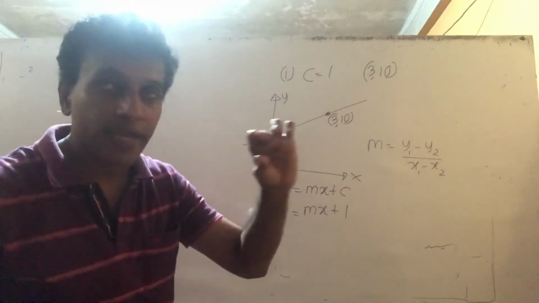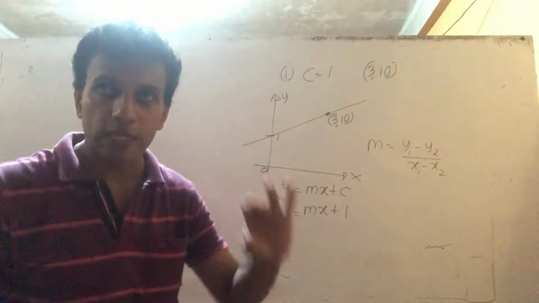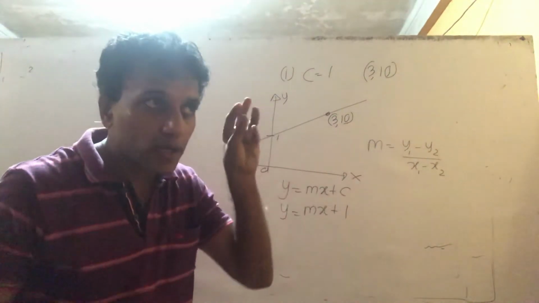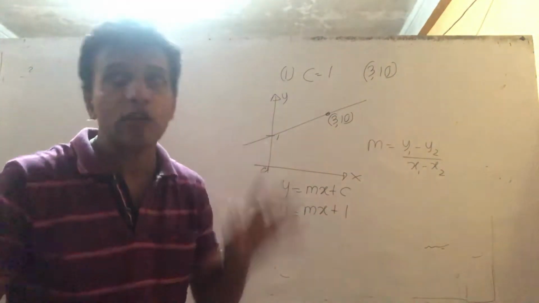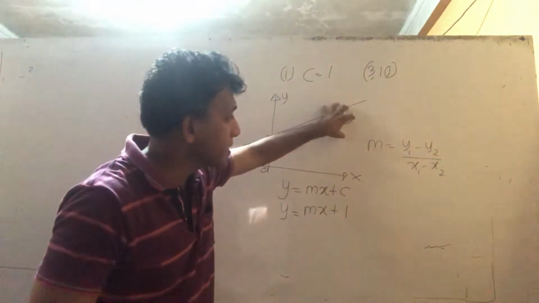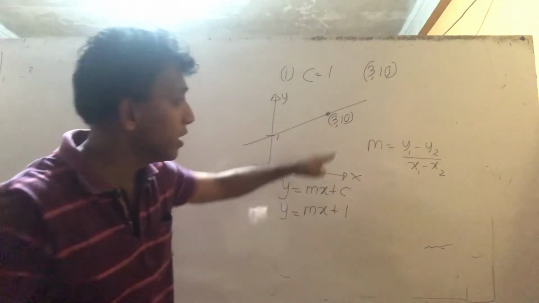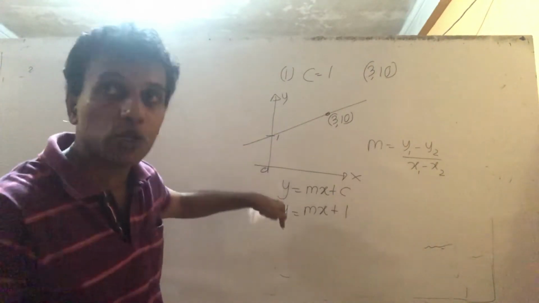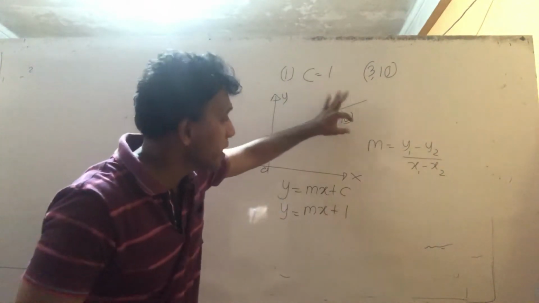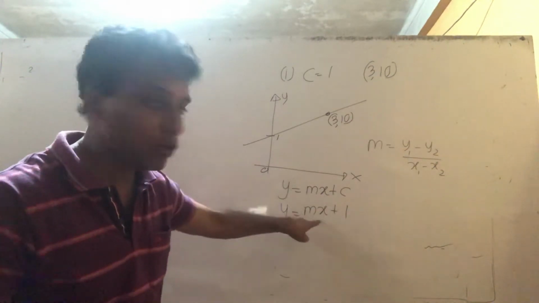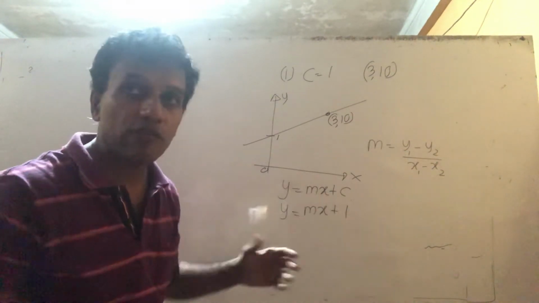If any straight line or any graph or curve passes through a given particular coordinate, that coordinate satisfies the equation. That means the x value 3 you can apply here, the y value 10 you can substitute here. So you substitute x for 3, y for 10, then you can find the m value.